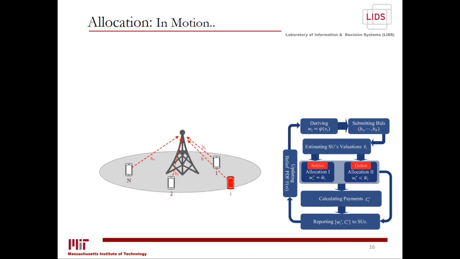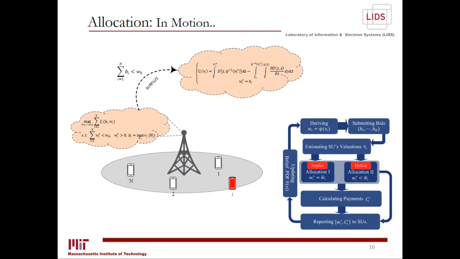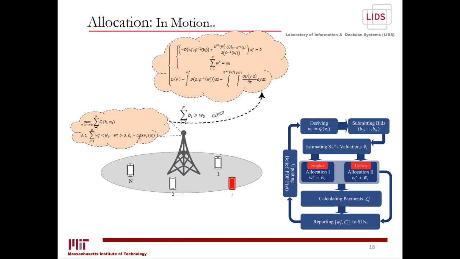The base station receives the total amount of requested bandwidth. 2 situations may happen. The surplus situation is when the total bandwidth available to the base station is higher than the sum of the requested bandwidth. The other case is obviously the deficit, meaning that the base station cannot cater to that requirement, so it has to somehow adjust the bandwidth requests.